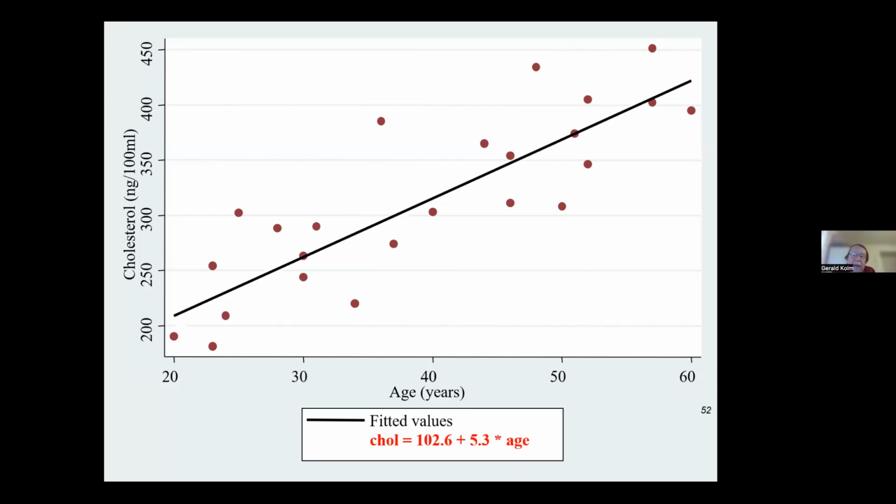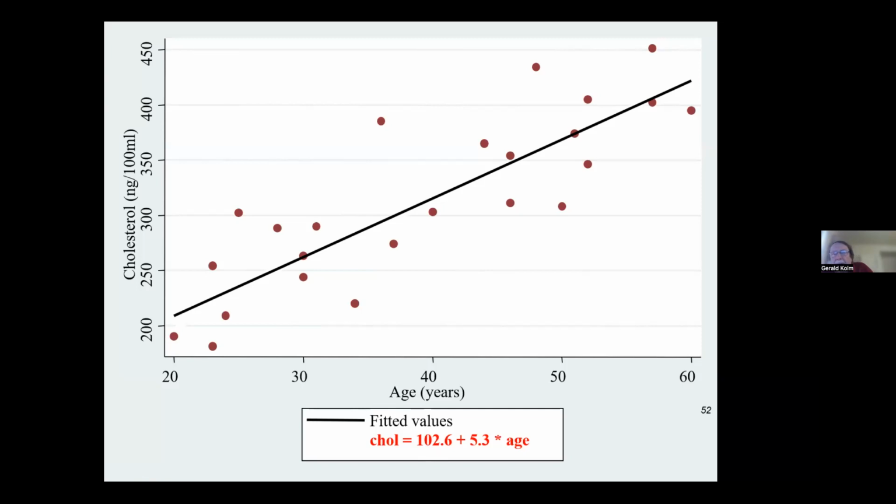And so then we get an equation for the value of cholesterol in relationship to the age. And so it turns out that the regression equation is 102.6 plus 5.3 times age.